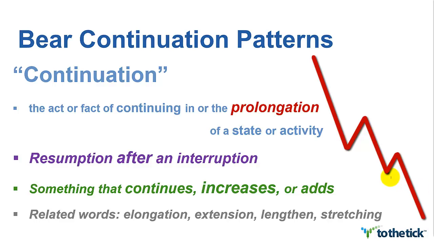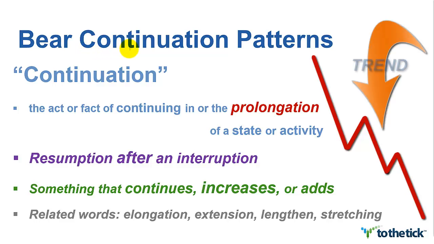Now, let's understand, we're talking about trend. And we're talking about trend continuation, and we're looking for downtrend. We want to see downtrend prolonging action, meaning price is continuing to drop. We want to see it continue and add and increase to the downside, lengthen and stretching that pattern.